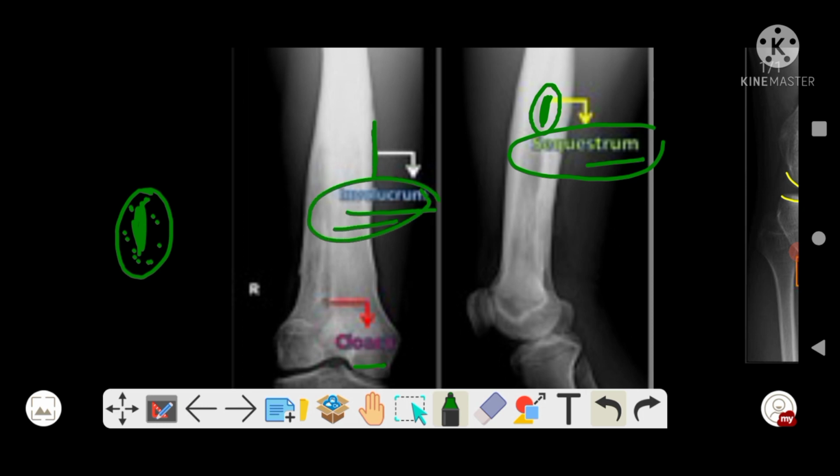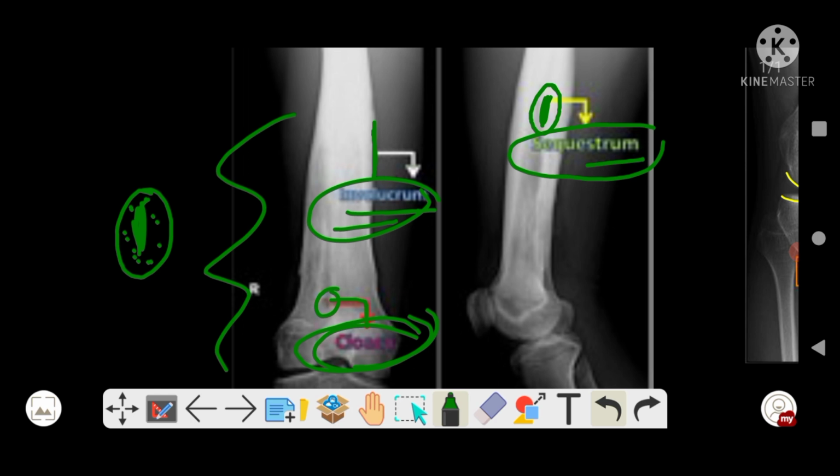And if there is discharge occurring from the bone, remember I'm not talking about skin, because often you will confuse cloaca and sinus. Sinus is the discharge from the skin. I'm talking about cloaca. Cloaca is the discharge from the bone. Now this pus has to come out, no? So if the discharge occurs from the bone, by a hole, this is your cloaca. So these all are the changes of the chronic osteomyelitis stage.